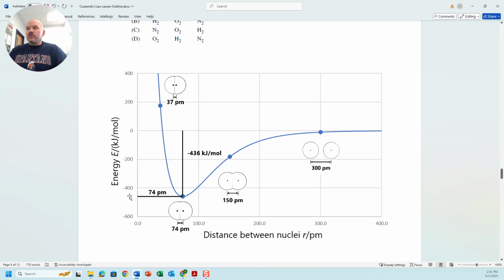It's a mole of those bonds, right? But if you made this a positive, that would be the amount of energy required to break a mole of those bonds. But then if you go up to this axis, this is measuring the distance between the nuclei. And so if you go to the bottom of the well, that's the bond energy for that bond, and this is the bond length for that bond, and it's usually measured in picometers, right?